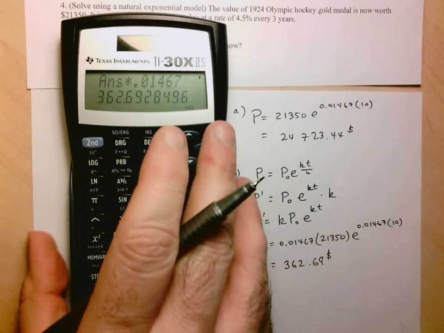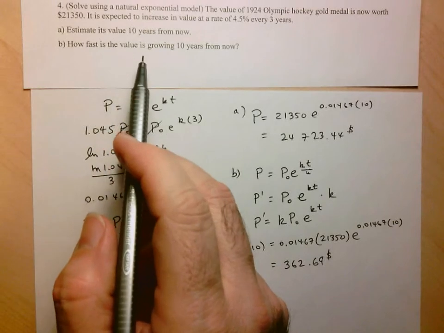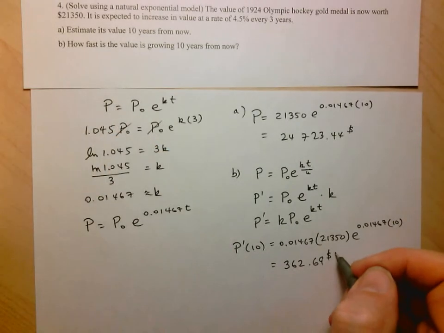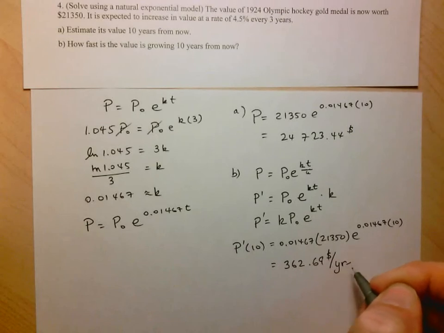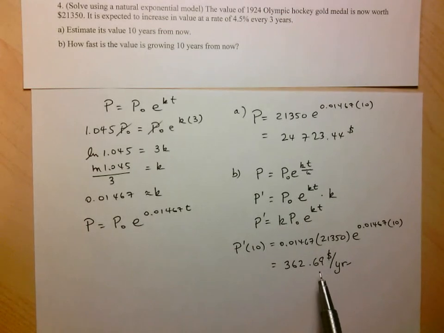Notice this is not dollars, because it's how fast the value is growing. It's growing at $362.69 per year. So this gives us the rate of change. After 10 years, it's increasing at a rate of almost $363 per year.